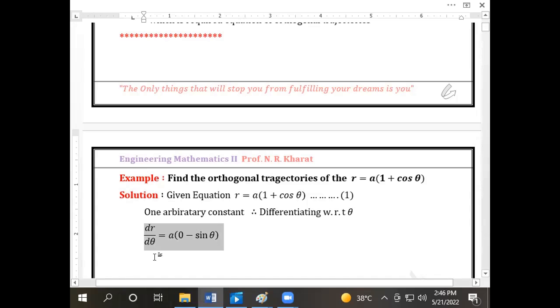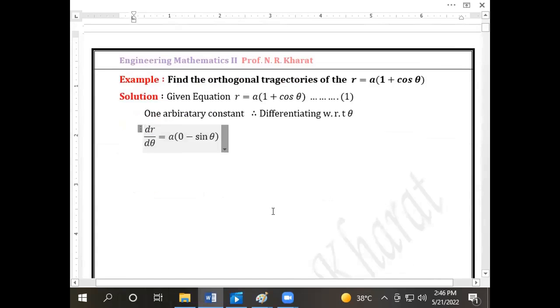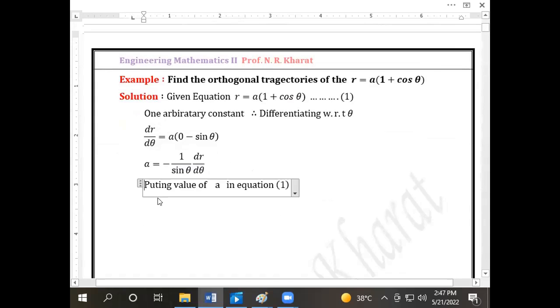After multiplying a to sin theta, we got dr upon d theta is equal to minus a sin theta, and finding the value of a, we get a is equal to minus 1 upon sin theta times dr upon d theta. Replacing the value of a in equation number first, so we got r is equal to minus 1 upon sin theta dr upon d theta times (1 plus cos theta).